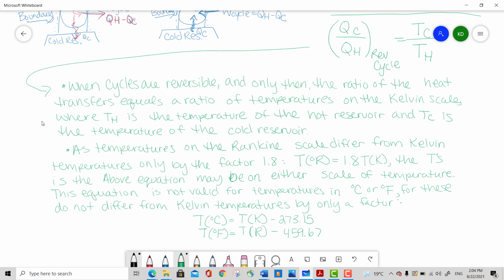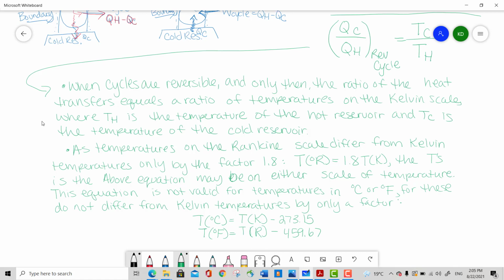And then just another little note, you know this, but it helps you have a big picture of how the first and second law actually determine and build thermometers. Temperatures on the Rankine scale differ from Kelvin temperatures only by a factor of 1.8, which here's that conversion. The T's in the above equation may be on either scale.